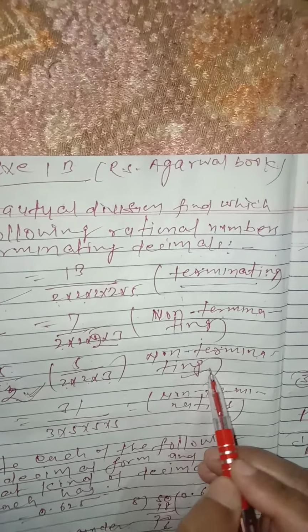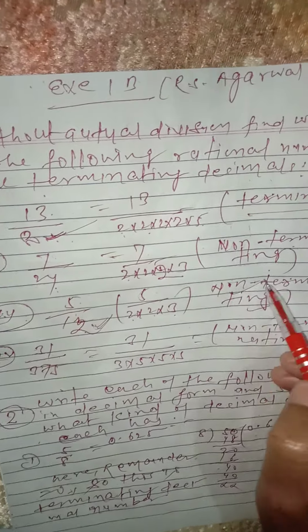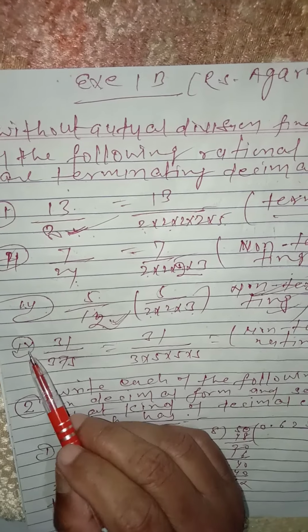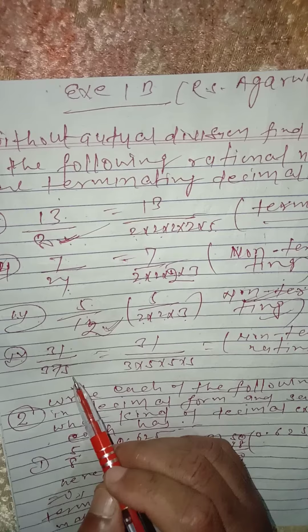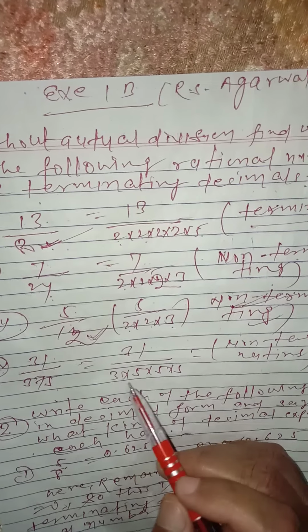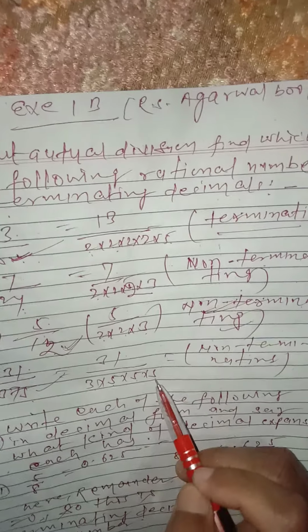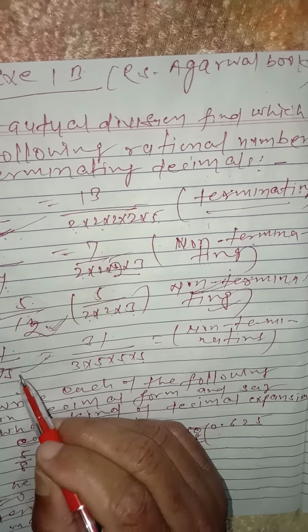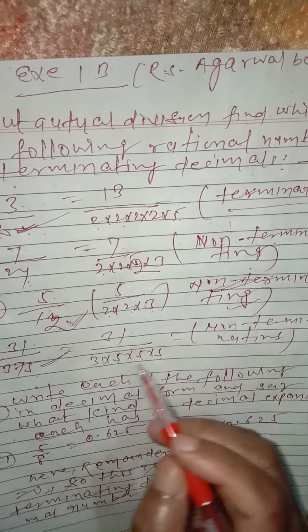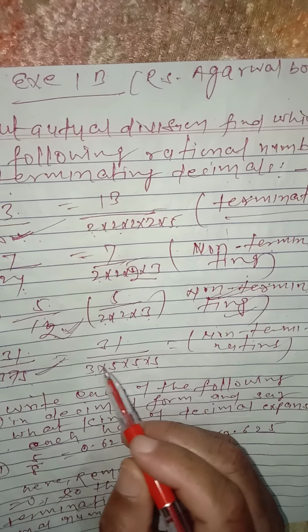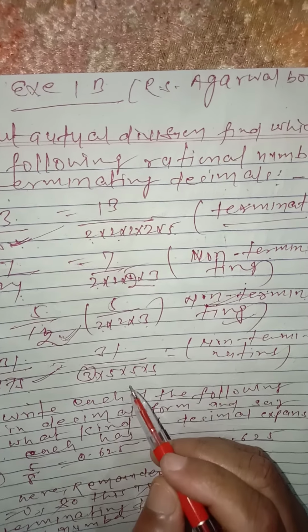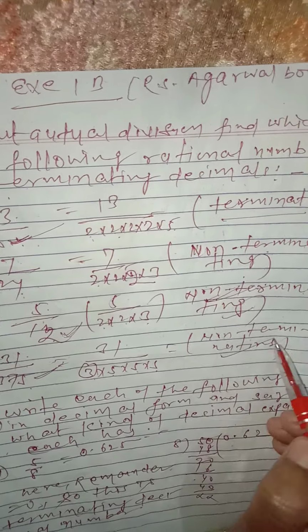So this is a non-terminating decimal number. Fourth, 31/375. The prime factors of 375 are 3 into 5 into 5 into 5. Here 3 is another number except 2 and 5. So this is also a non-terminating decimal number.